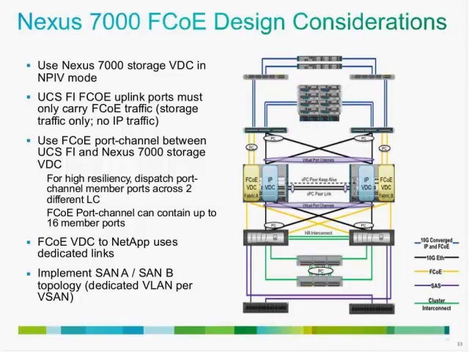For the FCoE, the key difference is that in the 5K based design, your NetApp filers were carrying the FCoE traffic directly on the same ports as the LAN traffic. So if you remember, the ports going up from NetApp were converged ports carrying both FCoE and LAN traffic. In the case of 7K, we need dedicated FCoE ports going up to the 7K.